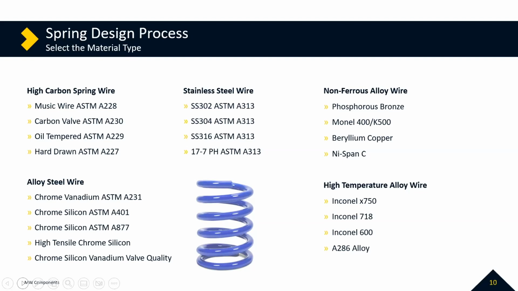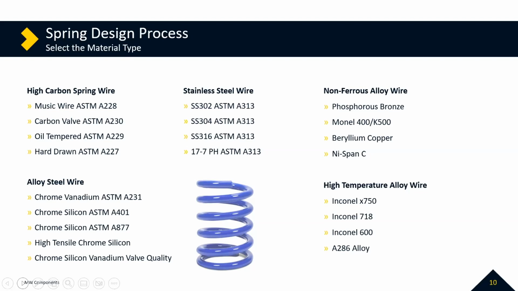For the non-ferrous alloys, the most popular ones are phosphor bronze and beryllium copper. Both of them have very high conductivity and good corrosion resistance. When it comes to tensile, your beryllium coppers are typically higher than your phosphor bronze. When we get into your alloy wires, you have your chrome silicons and your chrome vanadiums. The main difference between them is just the tensile strength.